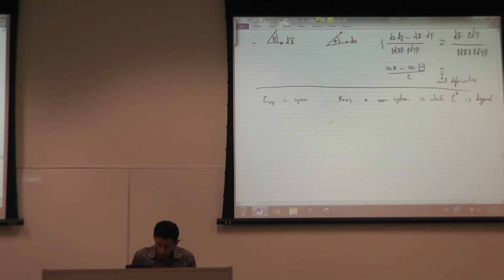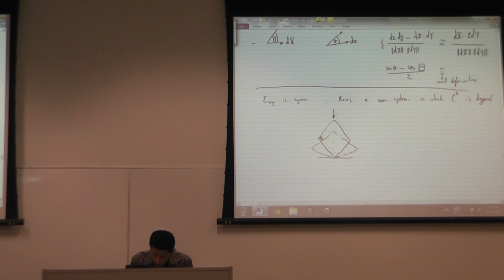Imagine this object with 90 degrees, and you push it here such that it now has this shape, with exaggeration of course.